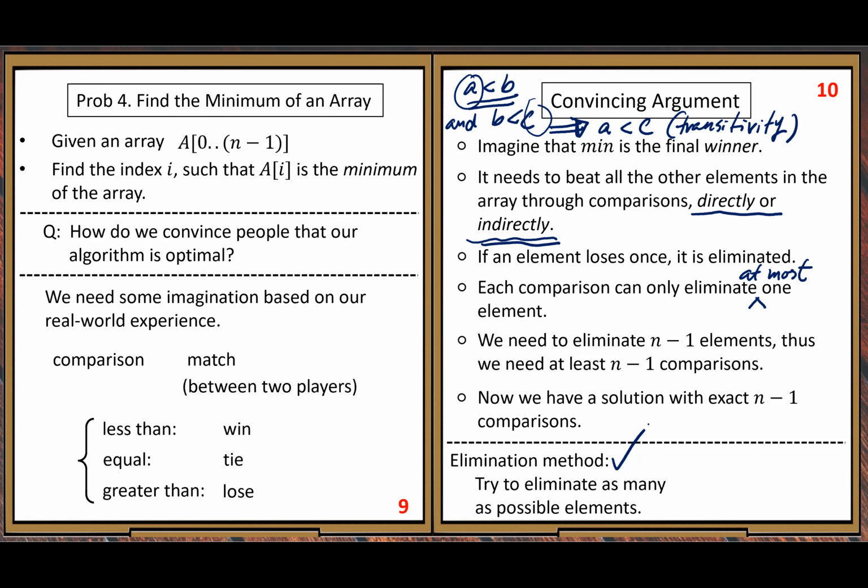Here, our goal is the minimum, right? Some of the elements, after a certain number of comparisons, cannot be the minimum. They cannot be the candidates.